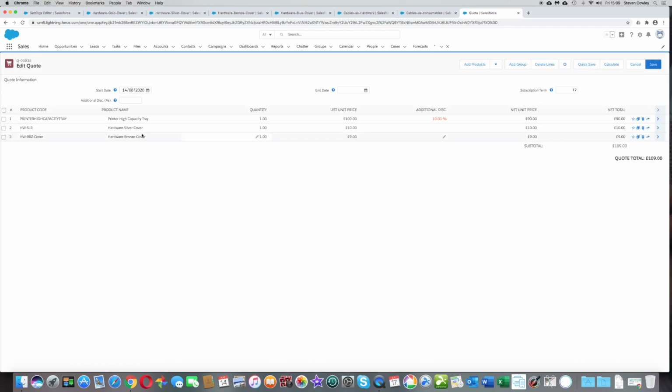Even though it's set to 10%, it's 10% of the net unit price, so £9, rather than the silver cover, which is 10% of the list price, which is £100.